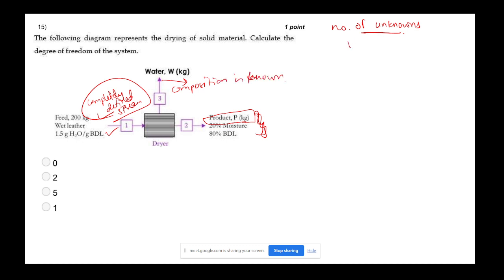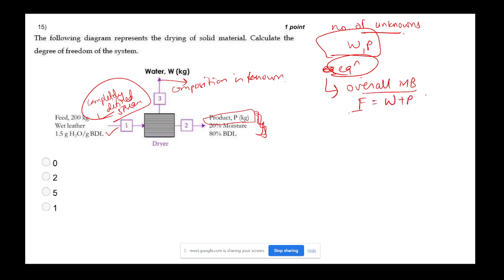So what you do not know are W and P in this system. Then if you write the number of equations for this case, you have first the overall material balance equation, which is nothing but F equals W plus P.